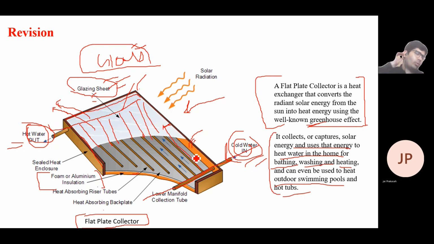I think you all have seen this flat plate collector somewhere, or maybe some of you have this collector at your home or in your hostels, and in hotels normally they are using it because it is a direct saving of electricity. So this is the basic principle of the flat plate collector.